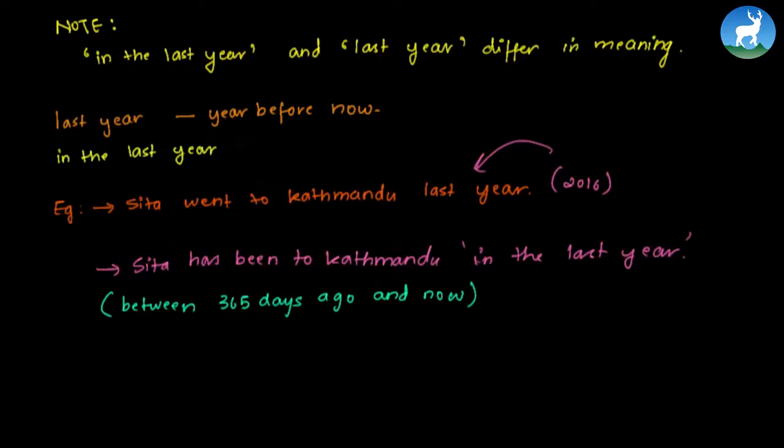So please remember to use it properly. Last year means the immediate last year, meaning 2015 if it is 2016, or 2010 if it is 2011 now. But "in the last year" means a point of time between a year ago and now.